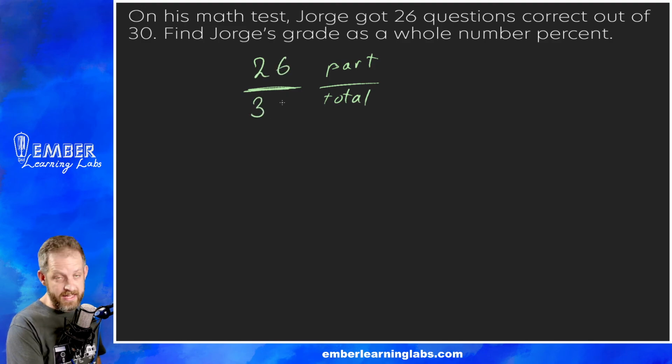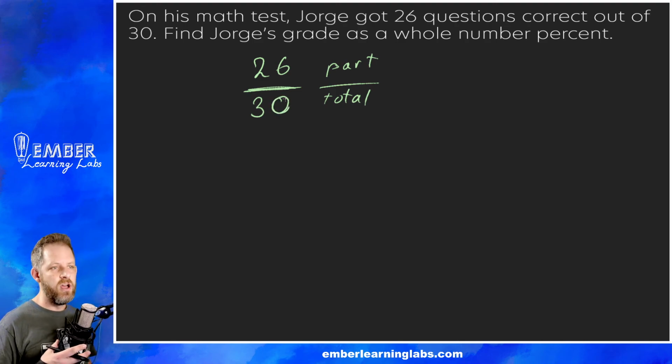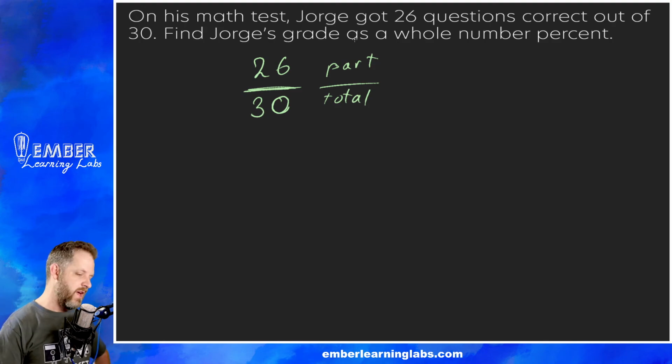Like that last problem, it doesn't always mean, now a lot of times it does in a lot of real life situations, but it doesn't always mean that the part is going to be a smaller number, right? If we have a greater yield than expected, or who knows, right? So now we're going to just convert that to a percent.